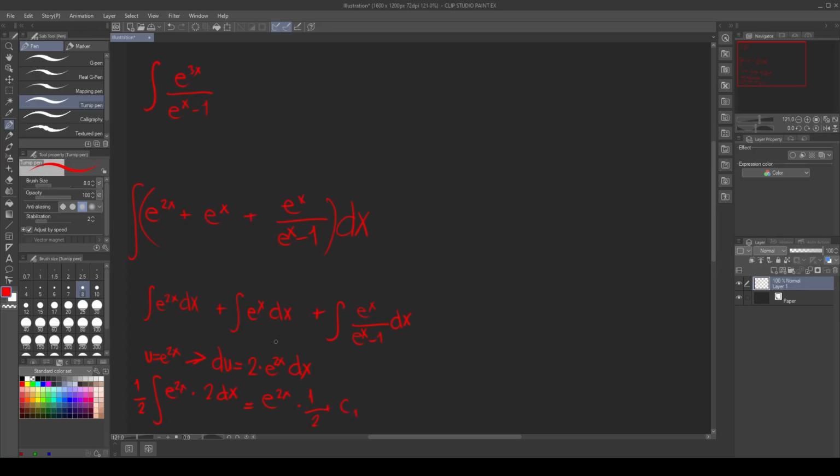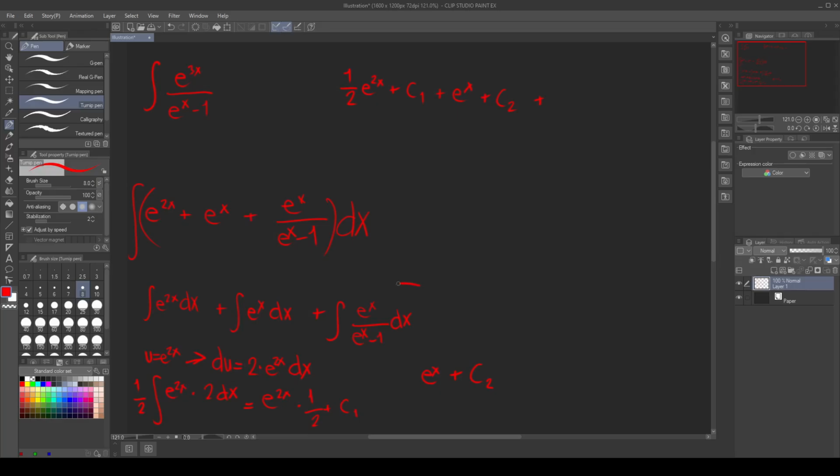Let's just put c1. We do the same thing here, but we already know that that's really just e to the x plus its own constant, c2. So let me just rewrite this at the top. You've got 1/2 e to the 2x plus c1 plus e to the x plus c2.